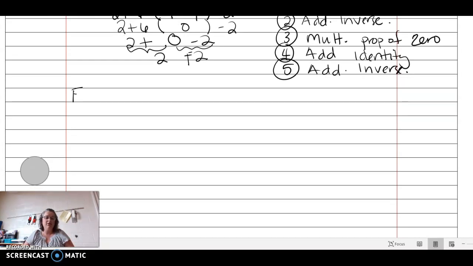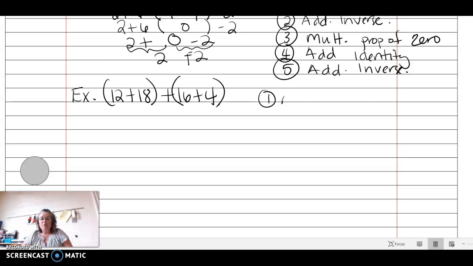So there's some examples here. Let's do another one. If I give us 12 plus 18 plus 16 plus 4, we can switch the order around, or we could use the associative property to find easier groupings. So for example, I can see 16 plus 4 is a nice number. 12 plus 18 is a number. So I'm going to do these two groupings first, which is your associative property.